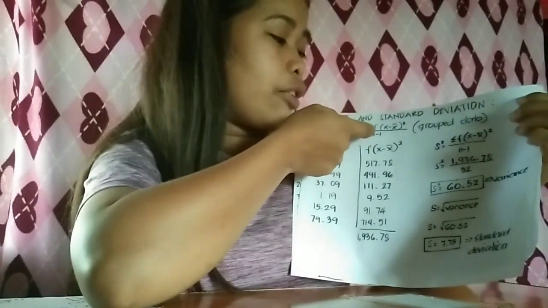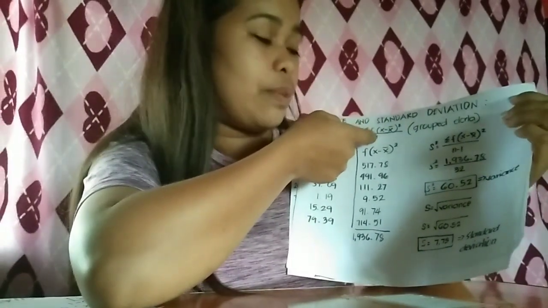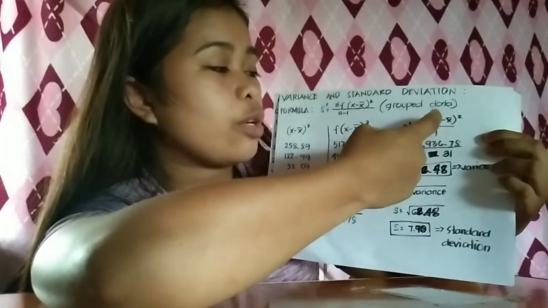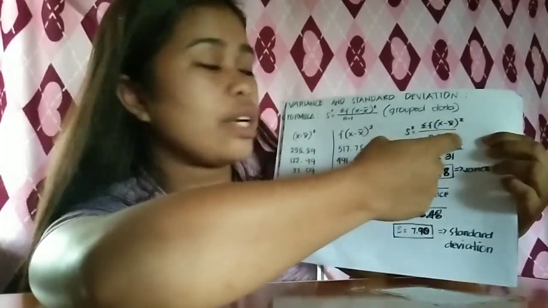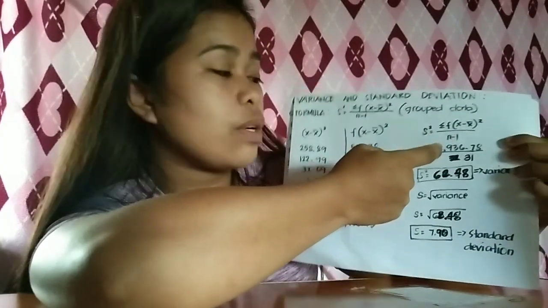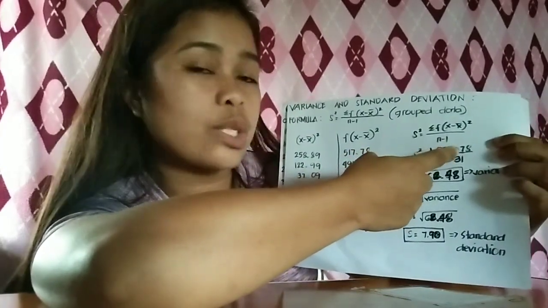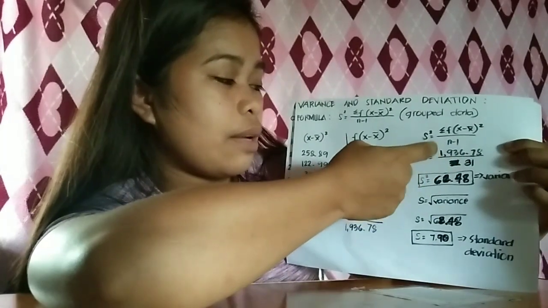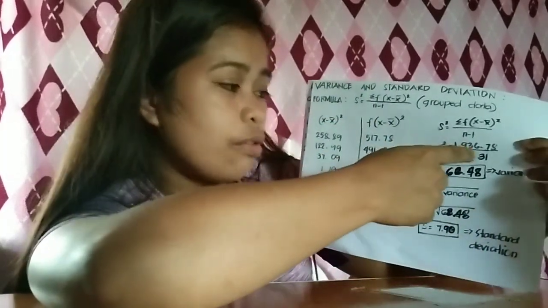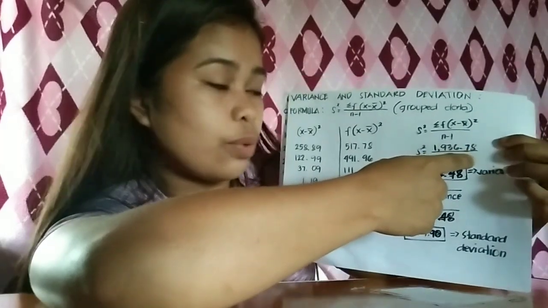Kapihon ta naman niliwat ta formula para sa group data. S squared is equal to summation of f quantity of x minus mean squared over n minus 1. S squared is equal to 1,936.78. Ginkuha siya diri sa yung total ta kagina. Over 31. Why is it 31?